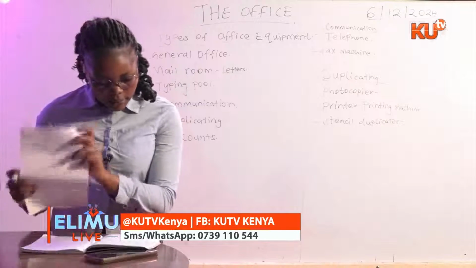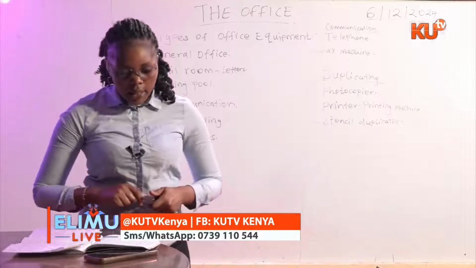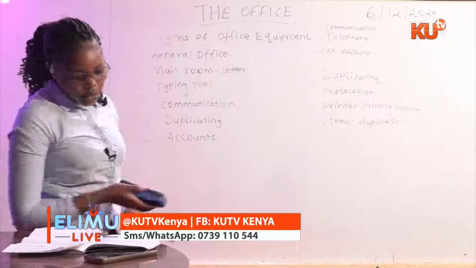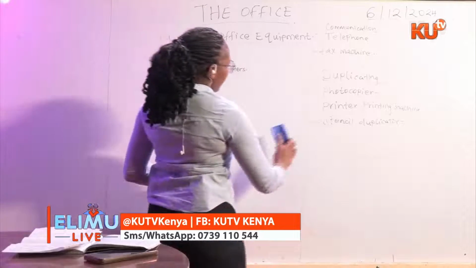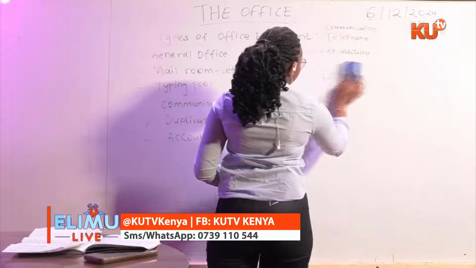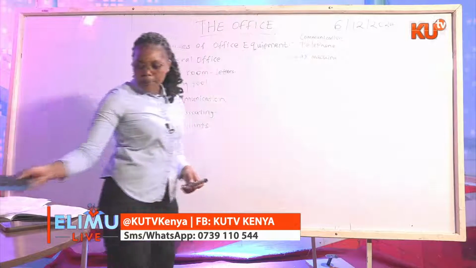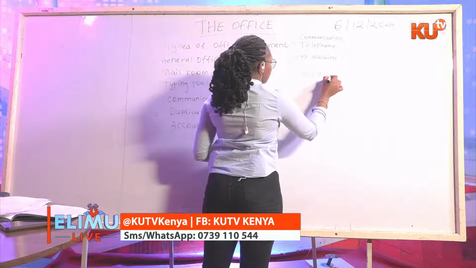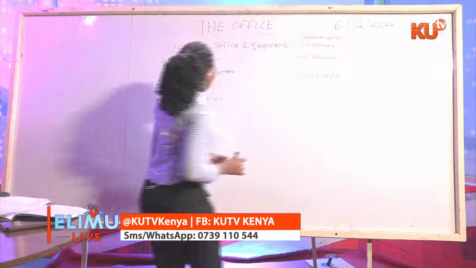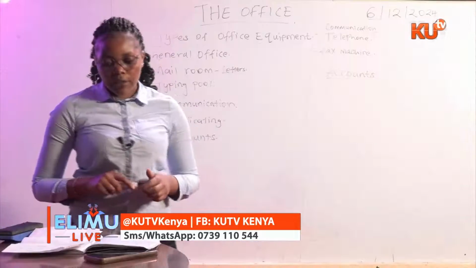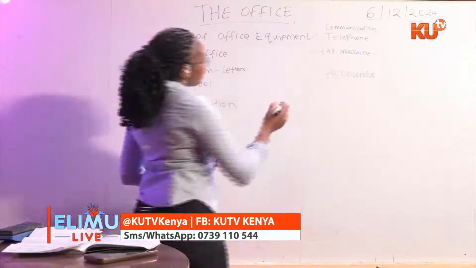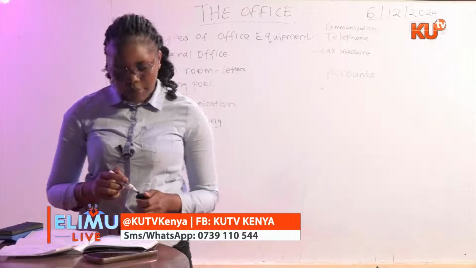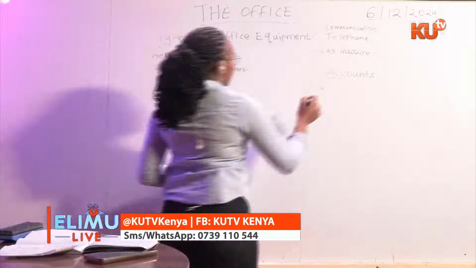Then the next one, let's look at the accounts. The accounts, what we have in our accounting office. In our accounts, first of all, we have a machine known as an adding machine.